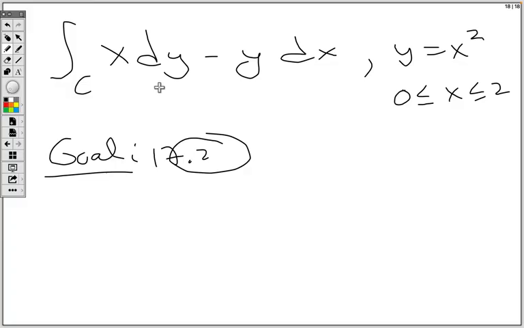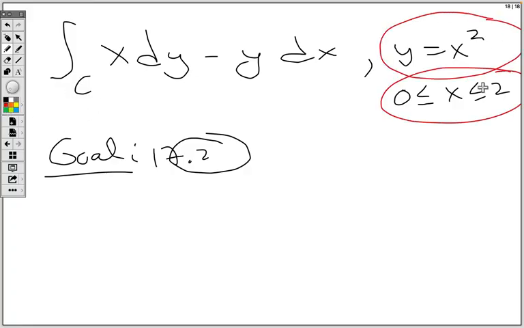And so we have all the same sort of mindset we had earlier. In this particular case, they're telling us y as a function of x straight up. So if y equals x squared, I can calculate the differential. What's dy? Yeah, 2x dx.